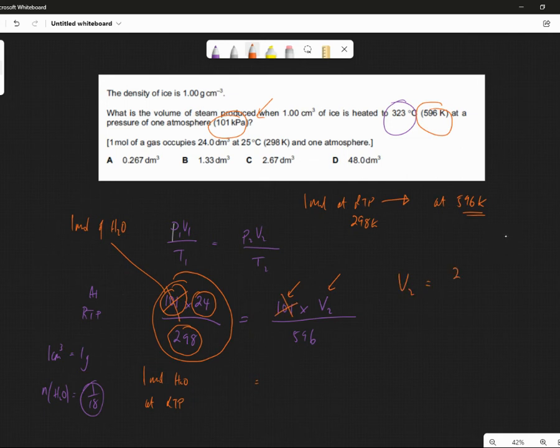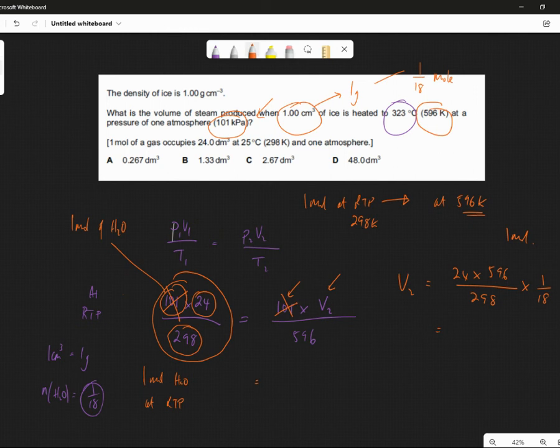V2 is equal to 24 times 596 divided by 298. Okay, this is for 1 mole. But 1 centimeter cubed of water is 1 gram of water, which is 1 over 18, an 18th of a mole. So this is the volume for 1 mole at 596K, so I times this by an 18th to get what it would be for an 18th of a mole.